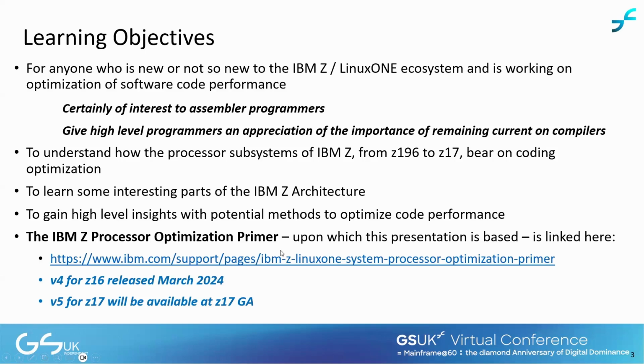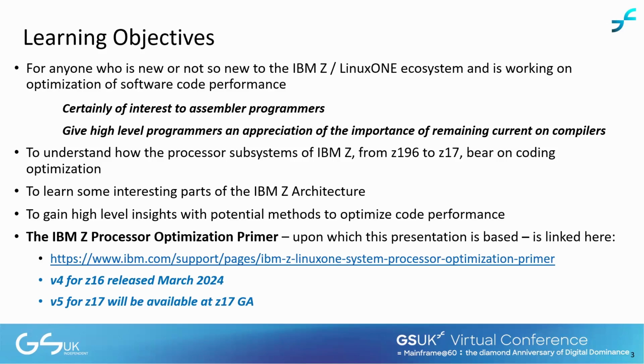The genesis of this document came about maybe 15 years ago. We've had Linux running on the platform for over 20 years at this point. But after several years, there was a lot of interest from the Linux community, people that worked on Power Linux or x86 Linux and were coming over to Z Linux.